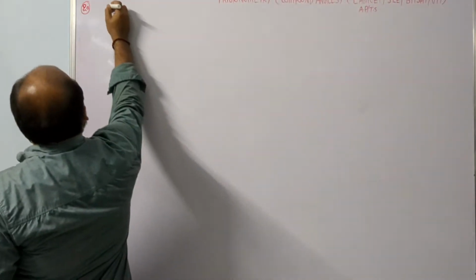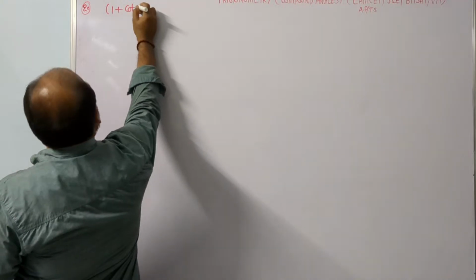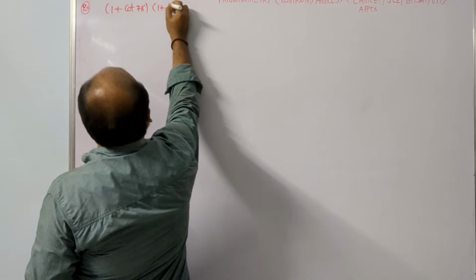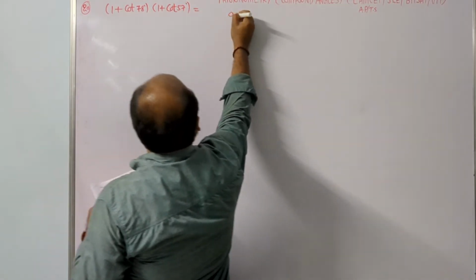Next, question number 20: 1 plus cot 78 degrees, 1 plus cot 57 degrees is equal to.